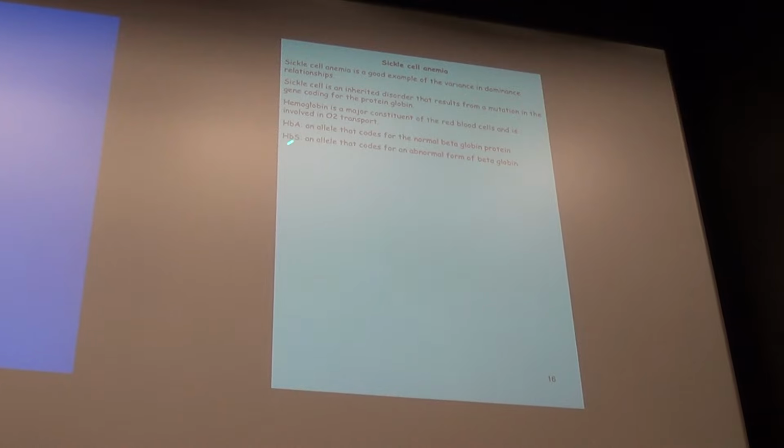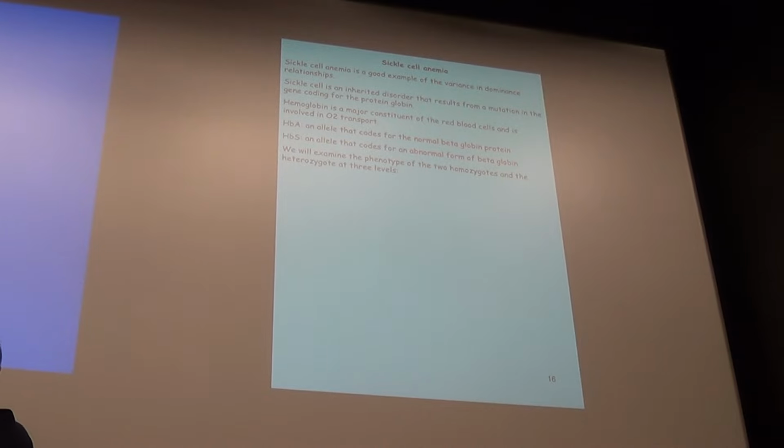And HBS is the sickle cell allele, the abnormal form of the beta globin protein being made. Fair enough?